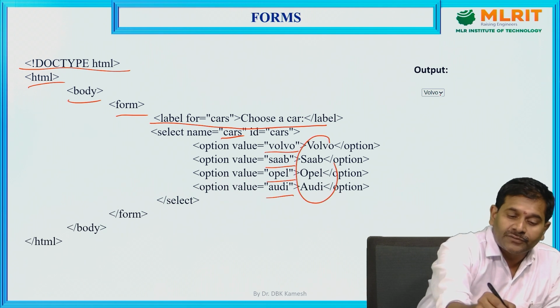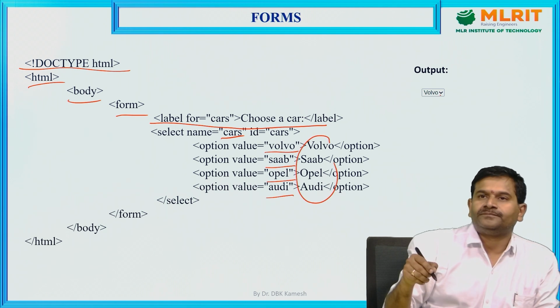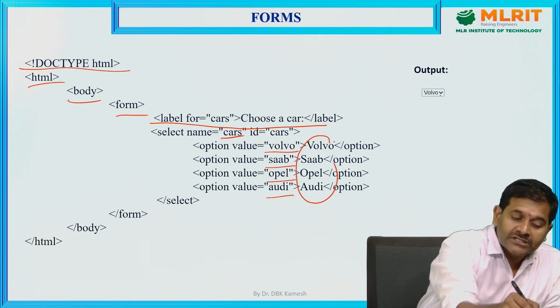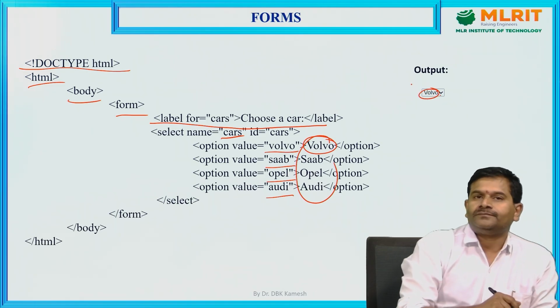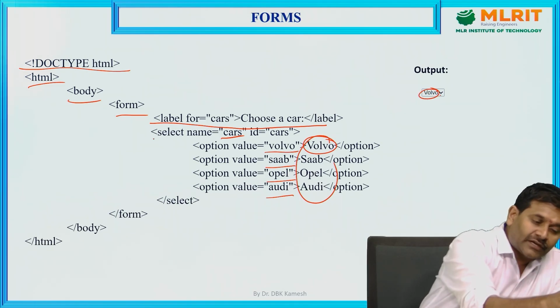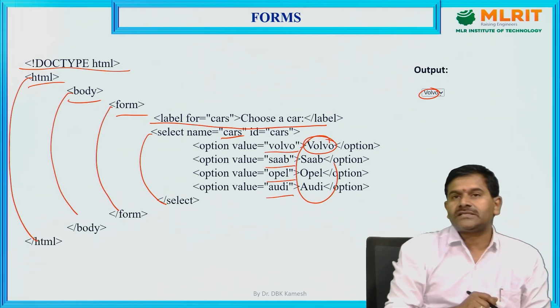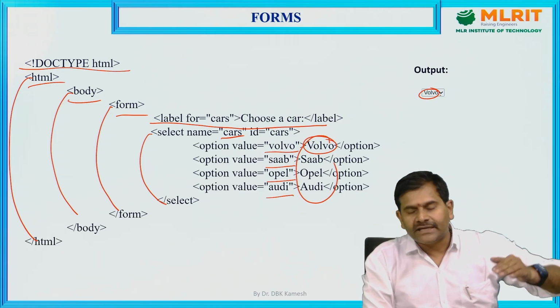Once you click here, the pop-up window will open automatically, showing Volvo, Saab, Opel, Audi. The first one is the default, so it shows Volvo, right? Then you need to close select, form, body, then HTML. This is how we can write this kind of form.